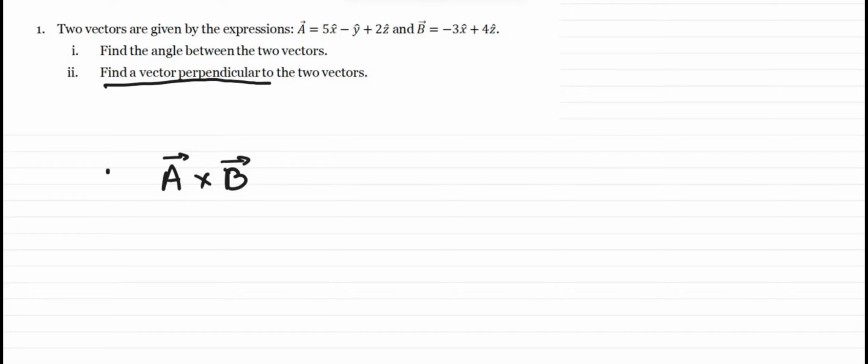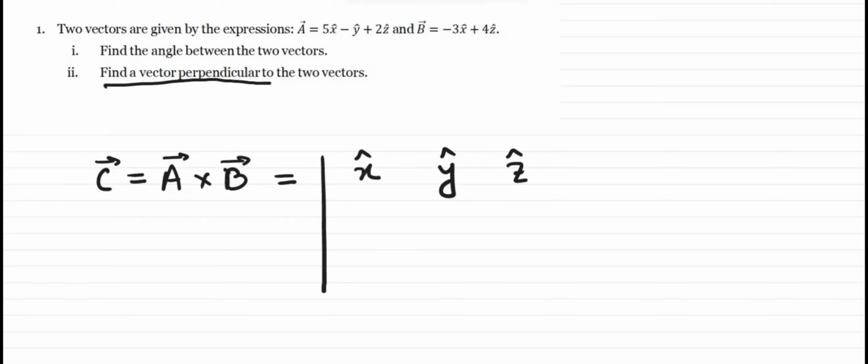So this A cross B would produce a vector C, which is perpendicular to the two vectors given here. It is found by taking the cross product between the two, and the cross product in Cartesian coordinates is given by this formula, the determinant, written as follows. It's just a computational device.